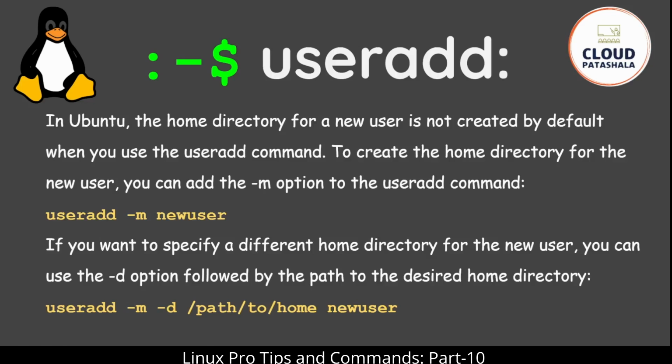To create a home directory for the new user, you can add the flag -m to the useradd command: useradd -m newuser. If you want to specify a different home directory for the new user, you can use the flag -d with -m to specify a particular home directory for the user.